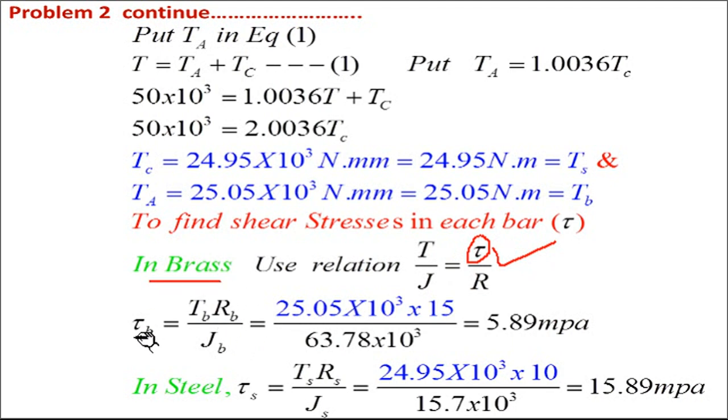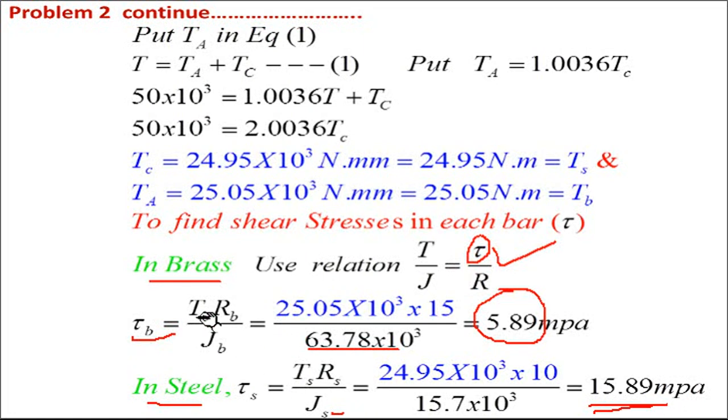Here for brass, use brass properties. R means radius of that brass bar, half of the diameter, and J is the polar moment of inertia. So you will get the shear stress in brass. Similarly for steel, use the properties of steel: Ts into Rs by Js, and you will get the shear stress in the steel.